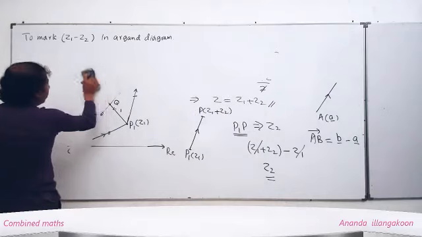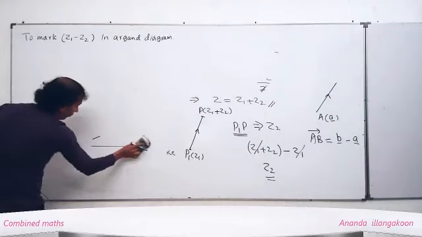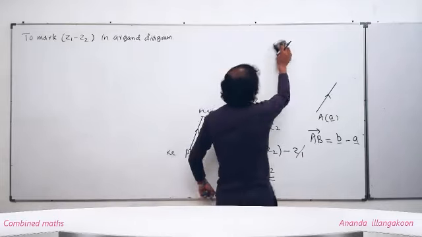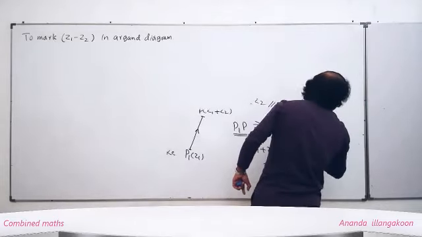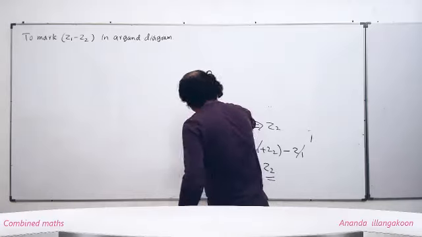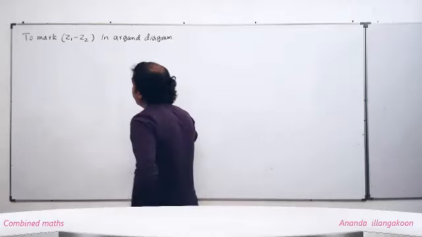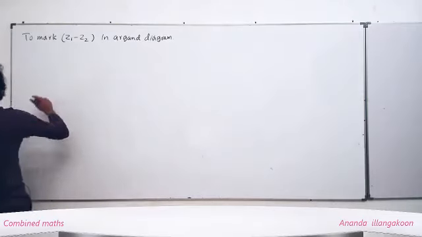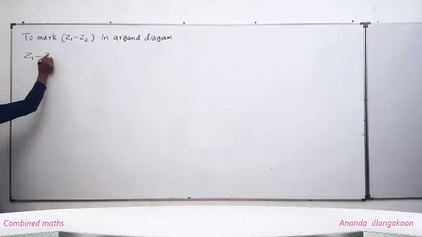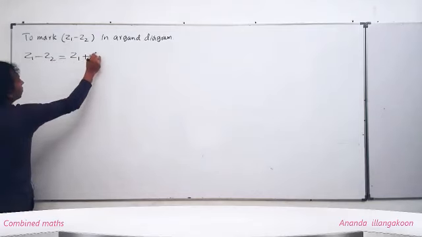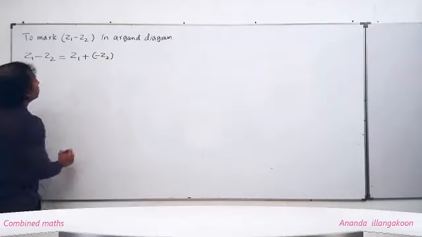People, this Z1 minus Z2 can, of course, be explained this way. The complex number Z1 minus Z2, I can think of like this: Z1 plus minus Z2.